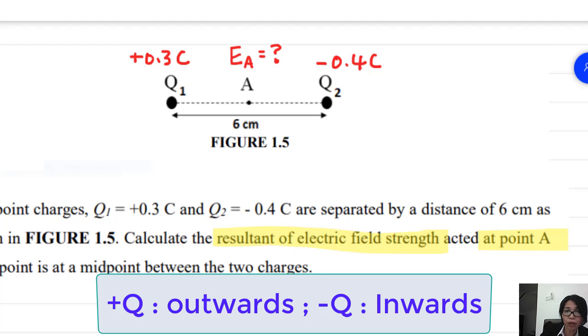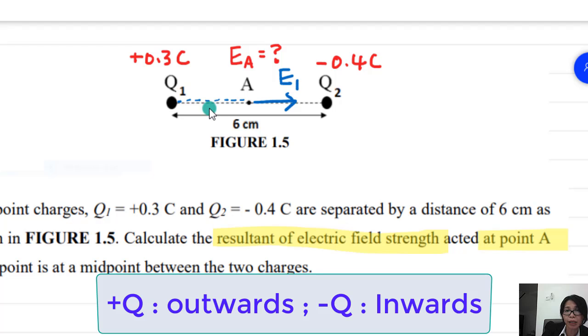So Q1 is charge positive, so the electric field line will be outward from Q1. It will pass through point A, then pointing to the right. So this one will be E1.